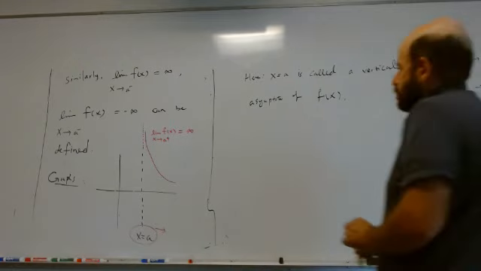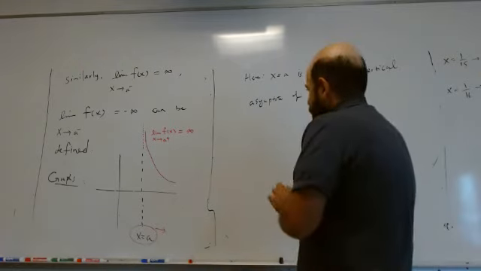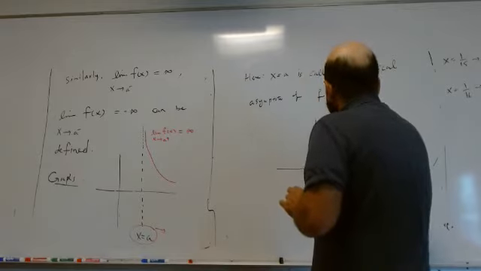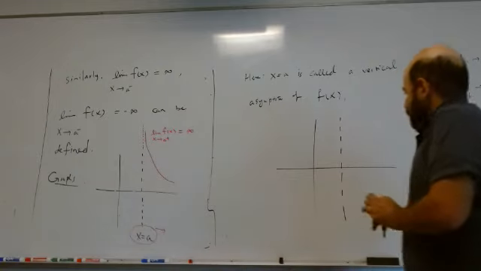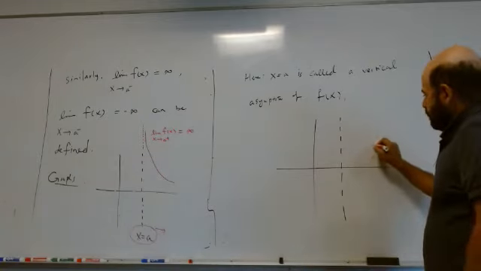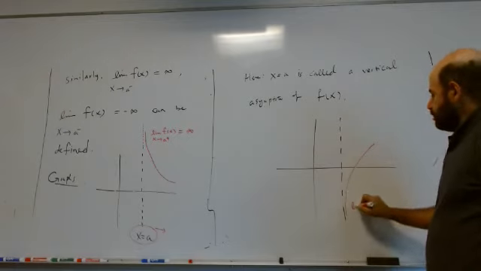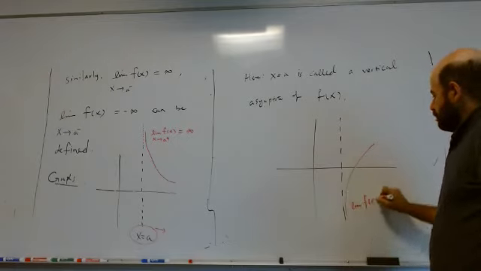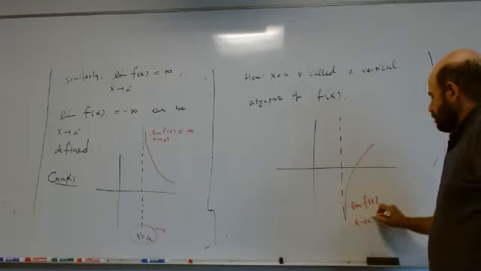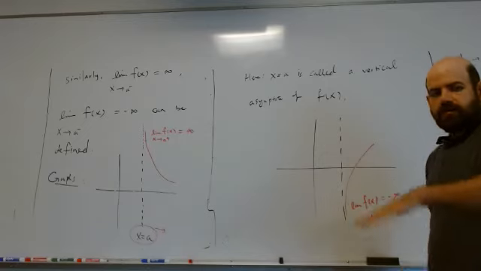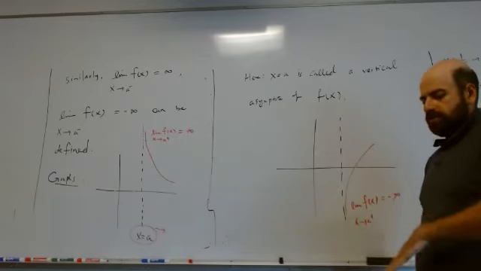Okay, so for other cases, we can also do a similar graph. For example, the right limit being equal to minus infinity would look like this. Minus infinity means very low, like minus 10, minus 100, minus 1,000.